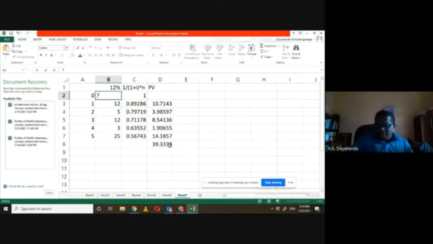For example, now suppose you are investing 60 million. Investing 60 million is minus 60, because you are investing.